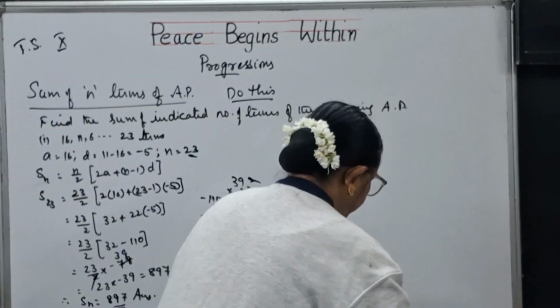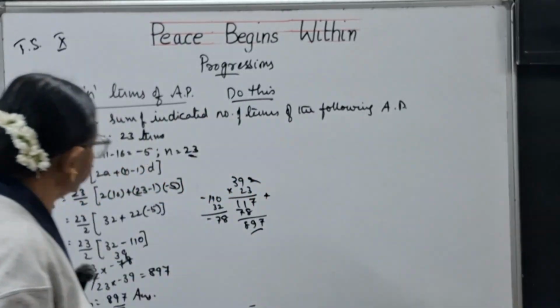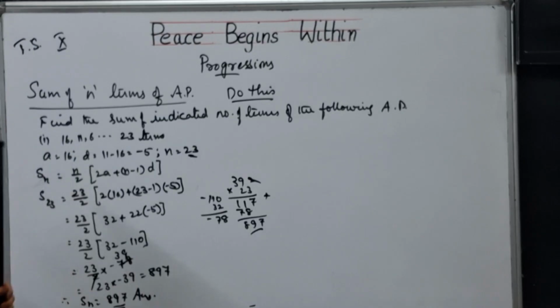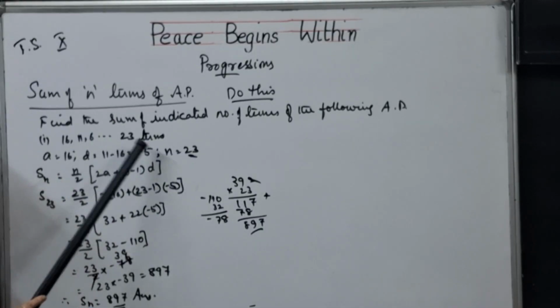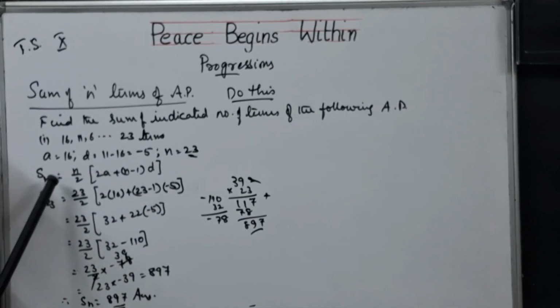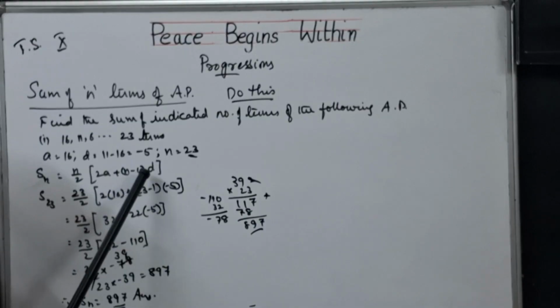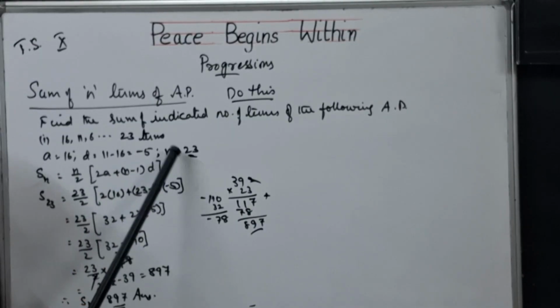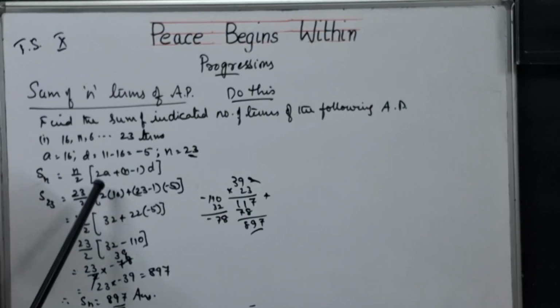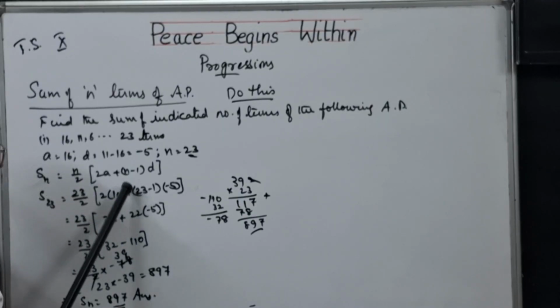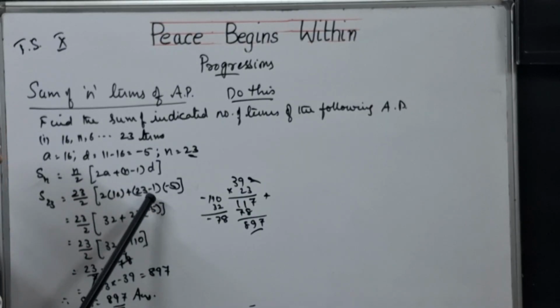So, let us go through it here. 16, 11, 6, and so on up to 23 terms. Here a is 16, d is 11 minus 16, that is minus 5, n is 23. Sum to n terms is n by 2 into 2a plus n minus 1 into d. n is 23, sum to 23 terms: 23 by 2 into 2 into a is 16, plus n is 23 minus 1, into d is minus 5.